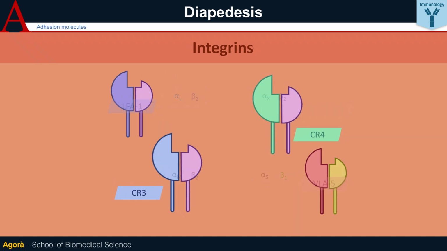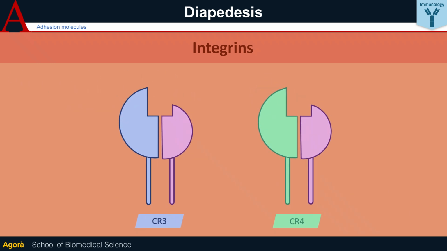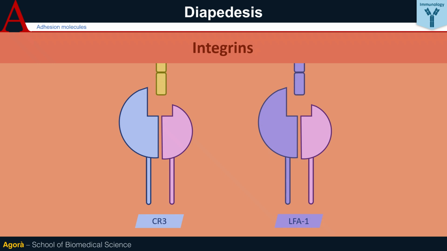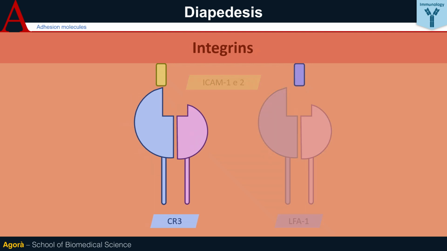CR3 and CR4 recognize iC3b and act as complement receptors, a topic we discussed in more detail in another video. But CR3, like LFA1, can also bind to ICAM1 and ICAM2, imposing a stronger adhesion compared to the selectins alone.